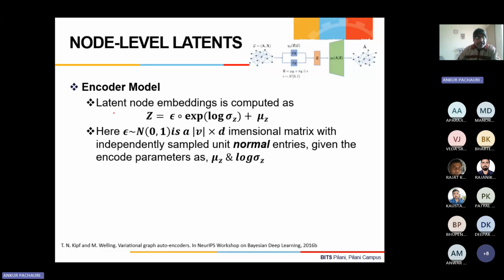So the latent node embedding will be computed in this way: Z equals epsilon times the exponential of log sigma z, plus mu z. Here epsilon is a normal distribution between 0 and 1, a V cross D dimensional matrix with independently sampled unit normal entries, given the encoder parameters mu z and log sigma z, the mean and the log variance.